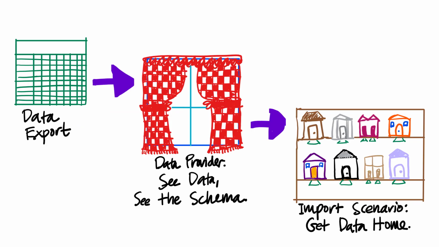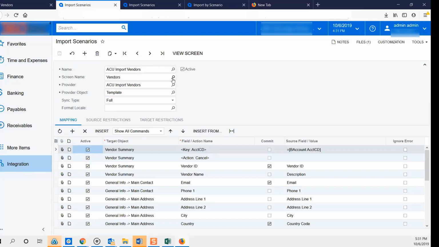So the first element is the spreadsheet, the second element is the data provider, and the third element is an import scenario. An import scenario is another profile. You give an import scenario a name, you tell it what screen you're going to import into.